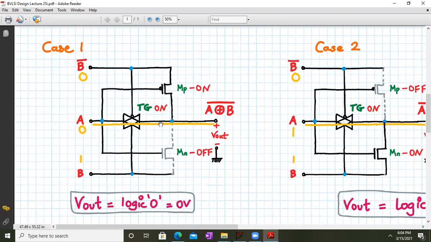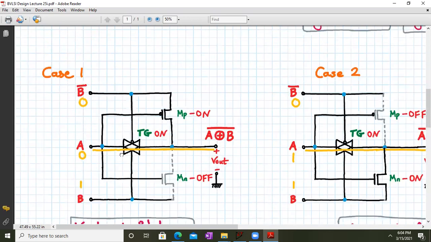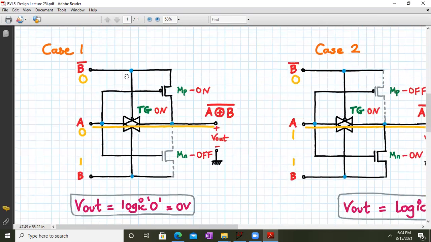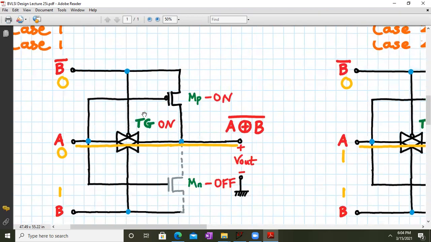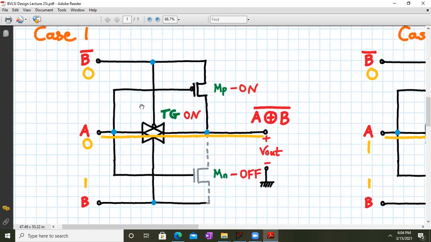So let us concentrate on the first case. In this case, A is logic 0 and B is logic 1. That means B bar will be logic 0. So whenever B bar is logic 0, this transmission gate over here, let me expand, and now you can see it in better visibility.